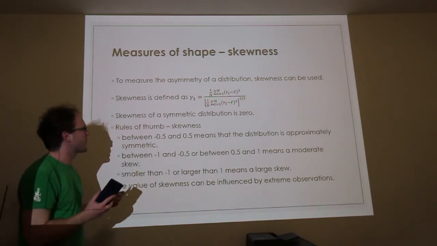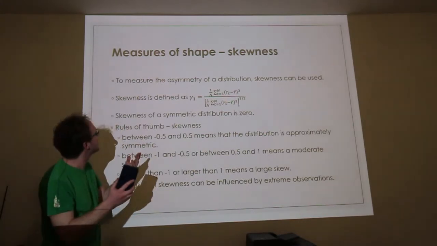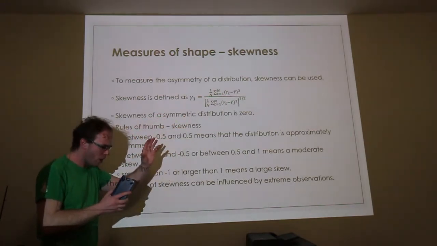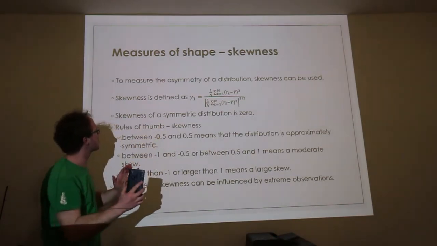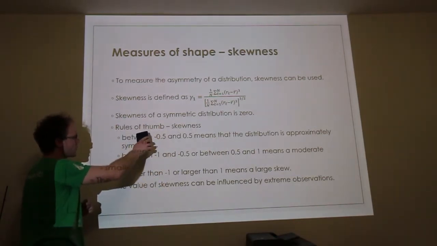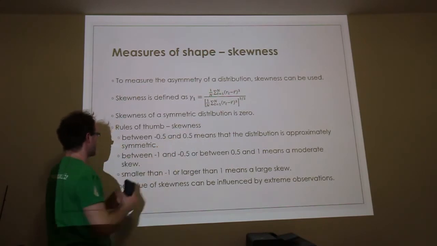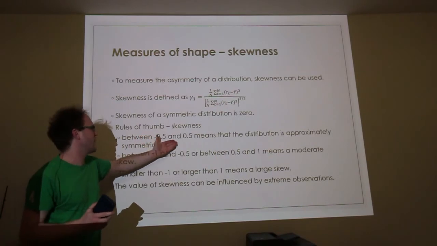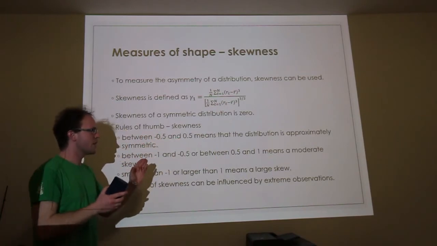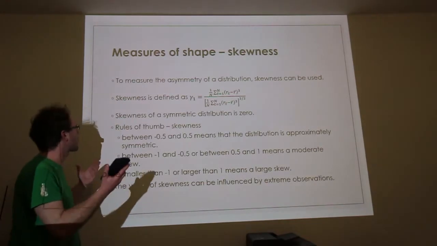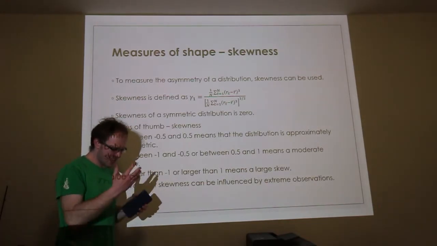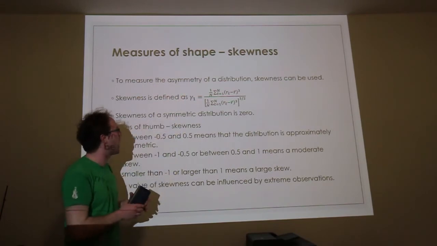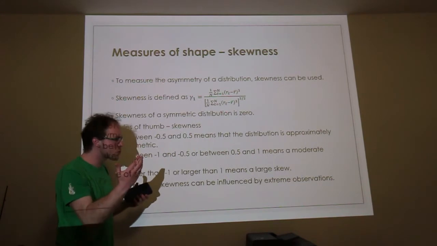Skewness of a symmetric distribution is 0, or very, very close to 0. Rules of thumb: skewness between minus 0.5 and 0.5 means that the distribution is approximately symmetric. Yes, so this is the situation where this gamma 1 is close to 0.